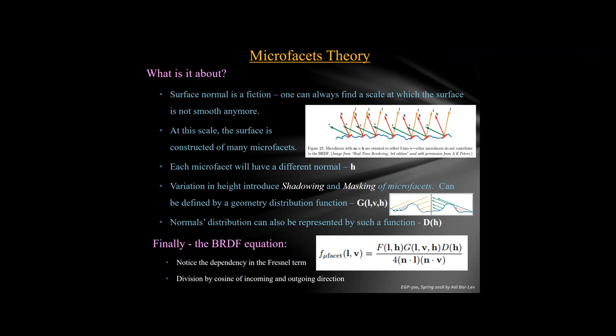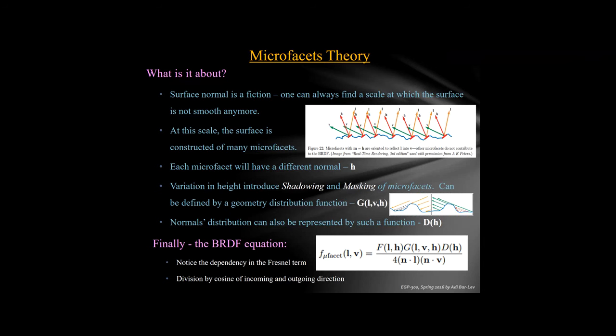Really, a surface is combined of many microfacets. So let's say we have a normalized distribution of the normal. And by the way, this is not correct. This is correct for 95% of the material, but we have exceptions, and we will not discuss this at this point in time. We can touch it maybe at the end of the presentation.